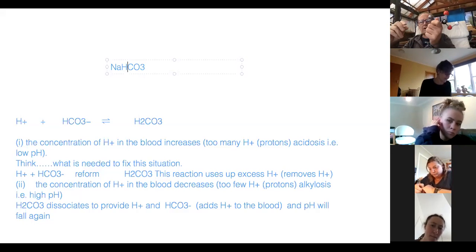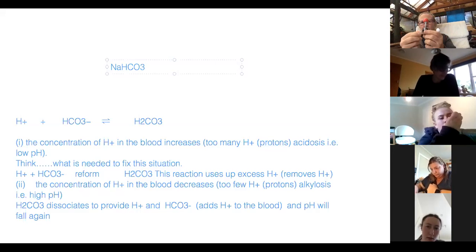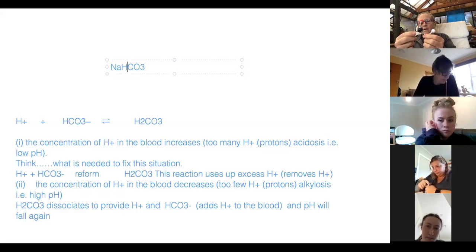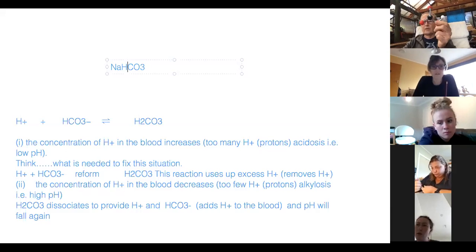Okay, so when we drop our sodium bicarbonate into water, we've got bicarbonate, haven't we? And we've got sodium. We know that we're going to lose that. We've got bicarbonate, and that's going to be soluble, yeah? Yep. So in answer to your question, yes, we could just have this.